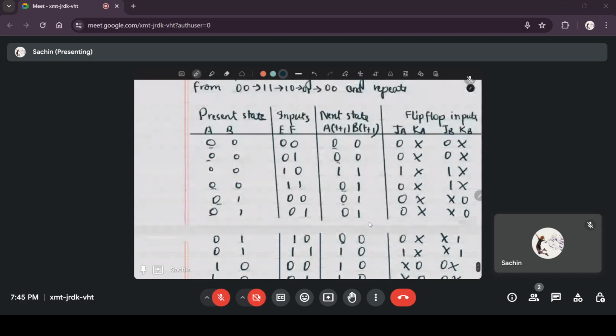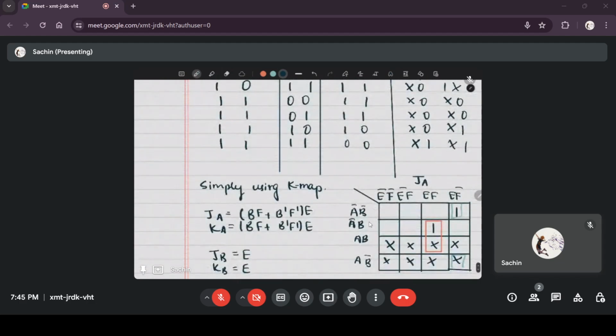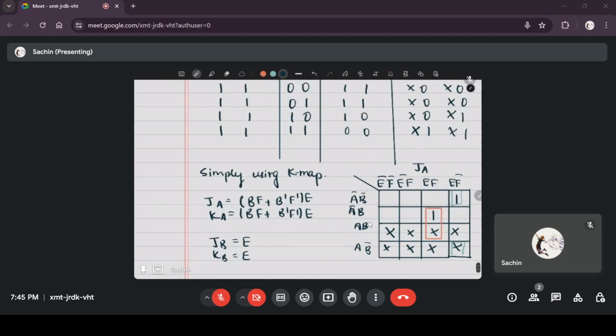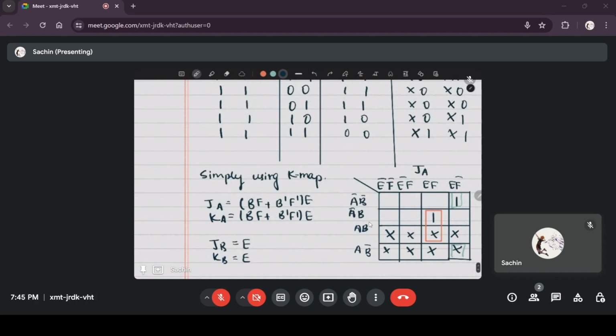If you look at KA, then the same thing happens, except that for KA, all the x's occur at the top, and this pattern of 1x, these two ones will occur at the bottom part. But since the map is kind of symmetrical, this entire thing will be flipped.